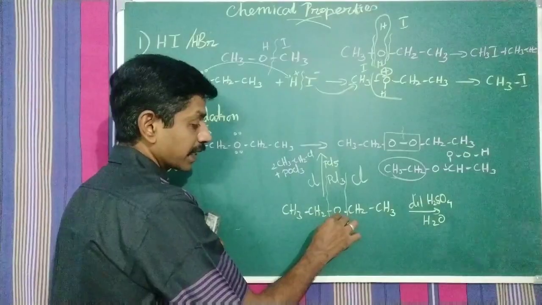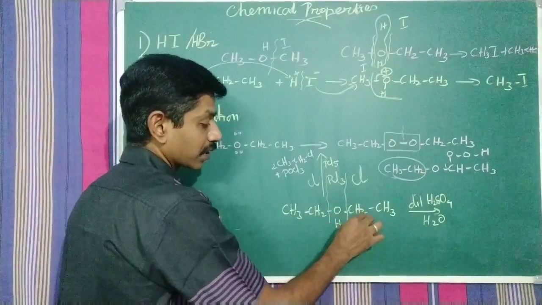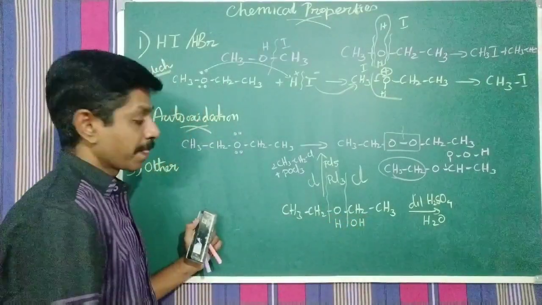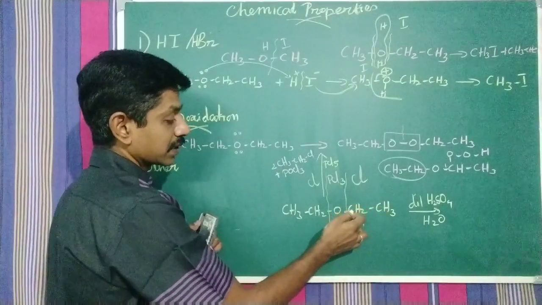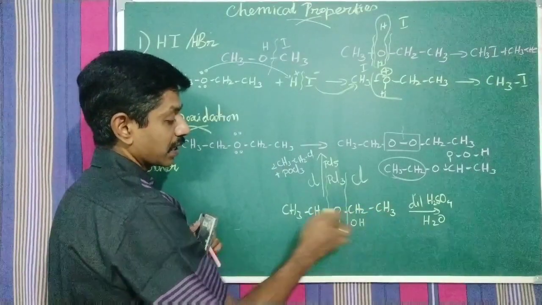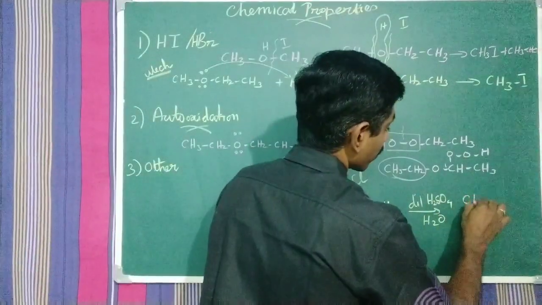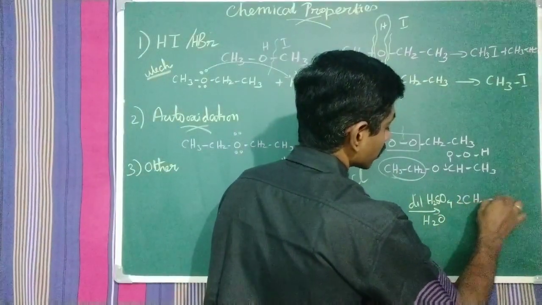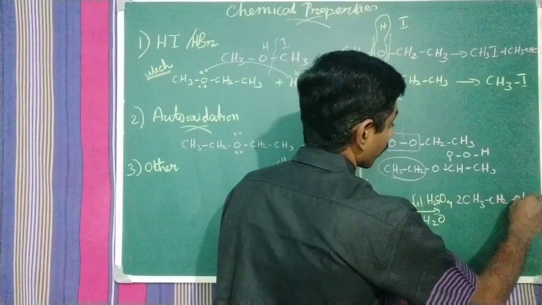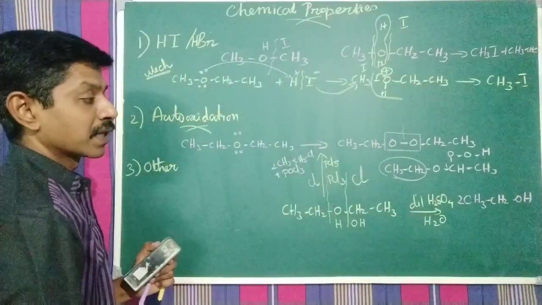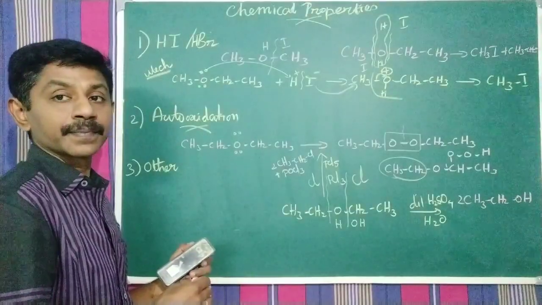So the bond breaks here and a molecule of water is being added. If you closely look at this, CH3CH2OH ethyl alcohol, CH3CH2OH again ethyl alcohol. So there will be formation of 2 molecules of ethyl alcohol. This is another type of reaction.